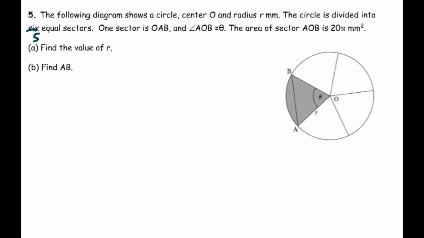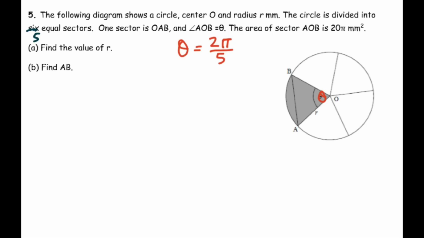So the first thing we want to do is find our angle. It has to be in radians, and I know that the radians for a complete circle is 2 pi. But we divided it into 5, so we just divide this by 5. So that's our angle here, 2 pi over 5.